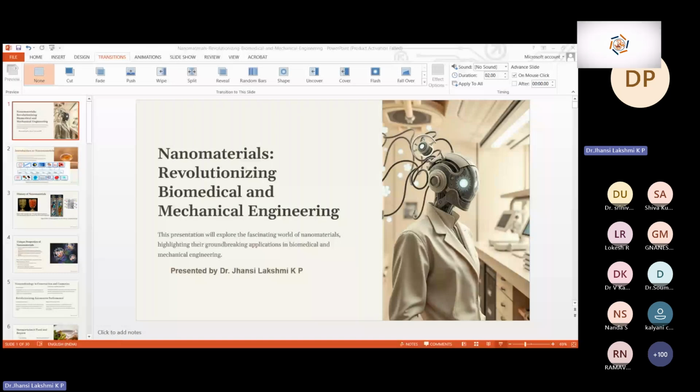This small size has given them extraordinary properties, and because of these extraordinary properties, nanomaterials are used in almost every application nowadays. Nanomaterials can be composed of various substances such as metals, ceramics, polymers, or even composites.